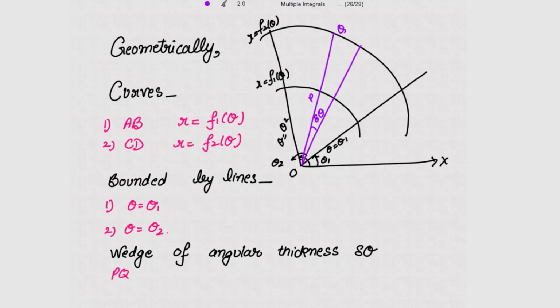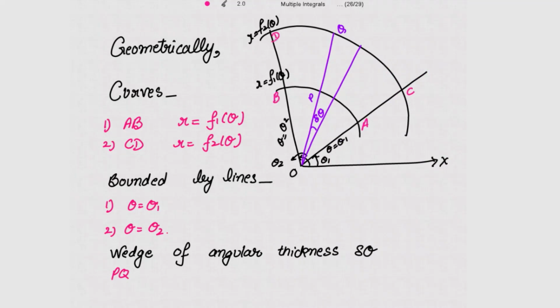When we integrate with respect to r, the integration is along PQ, which means r is varying and theta is constant for this. And when we integrate with respect to theta, there is a rotation of this strip. Let's name these curves also: this is curve AB and this is curve CD.